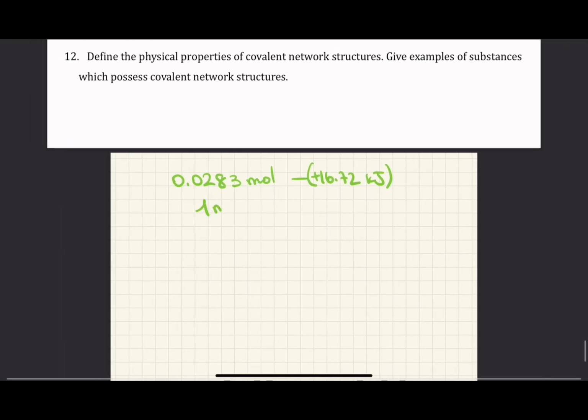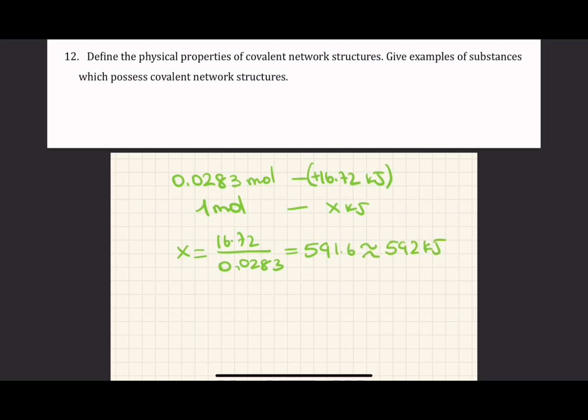Now we want to find it for 1 mole. This would be X kilojoule. Now X would be just 16.72 divided by 0.0283. Now let me do the calculation too. This will be 591.6, which is 592 kilojoule.